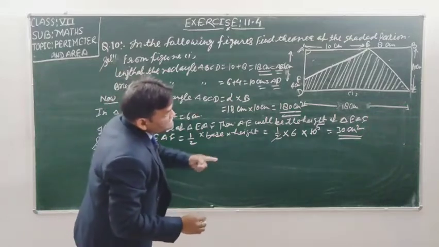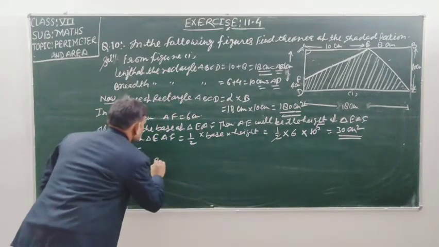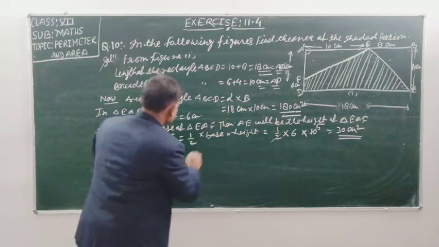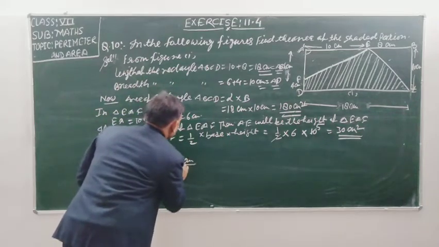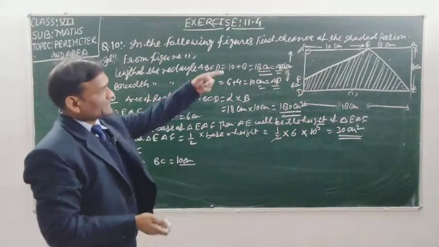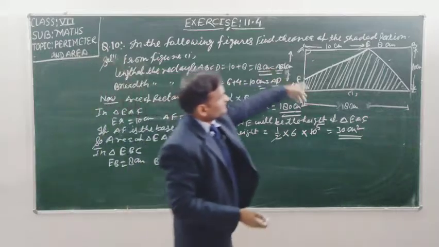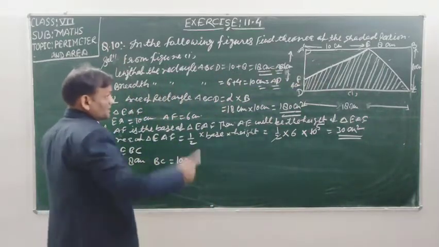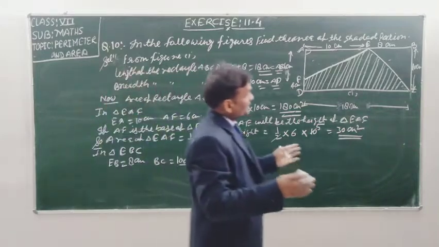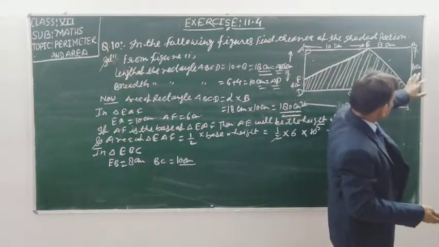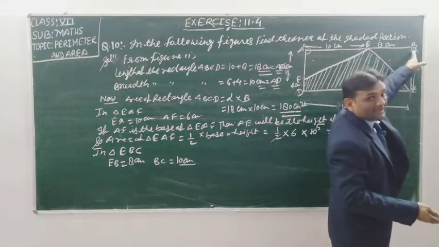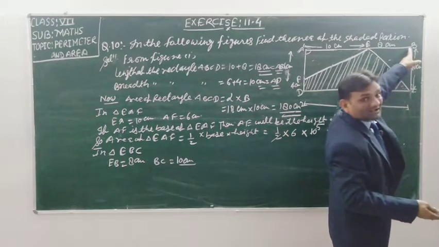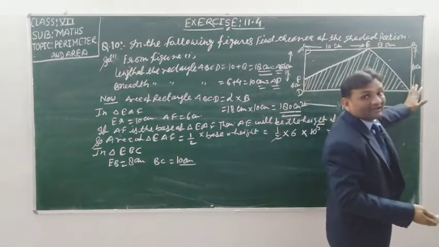And BC is equal to 10 centimeter, because this is the breadth of the rectangle. So this is 10 centimeter. Now if you are assuming BC as the base, then EB will be the height. If EB is the base, then BC will be the height.